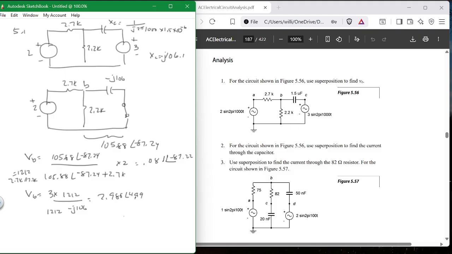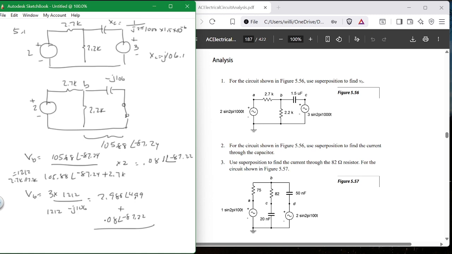Okay, now what do you do with these two? You add them together. You mean you add this to this? Yes, you do. So it's 2.988 plus 0.08 at angle minus 87.22, and there's your final answer. What's the final answer?